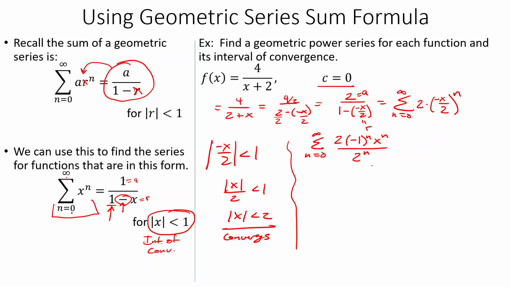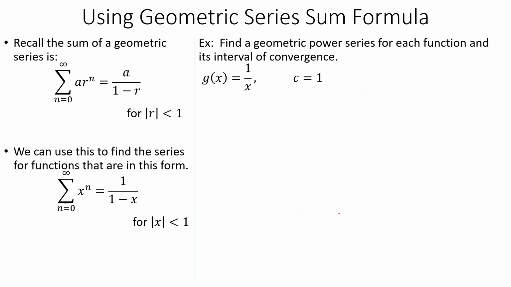Now, if you notice, one of these is going to cancel. There we go, n minus 1. We had one less of them. So now we can say this is the sum from n equals 0 to infinity of negative 1 to the n, x to the n, over 2 to the n minus 1. All right, there's our guy. Wasn't so bad, was it?